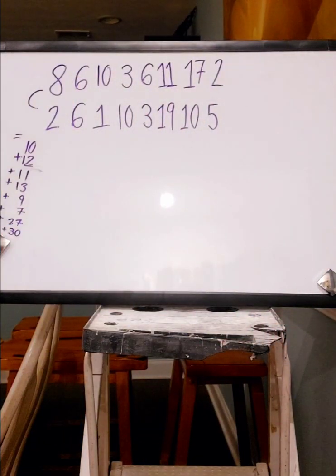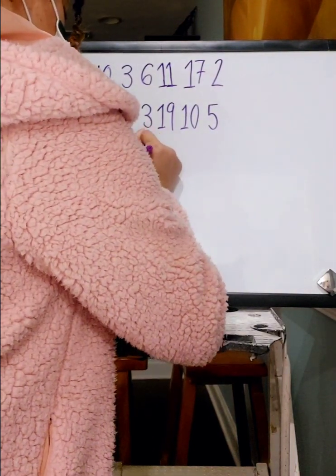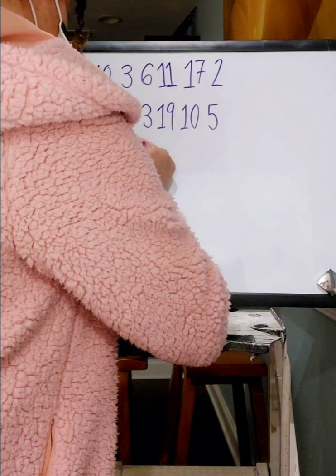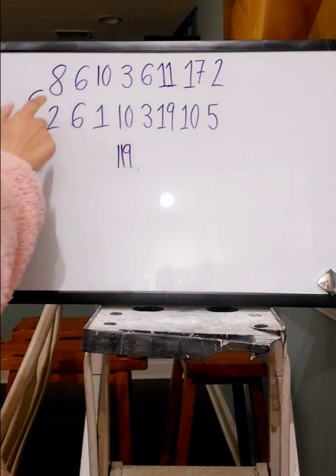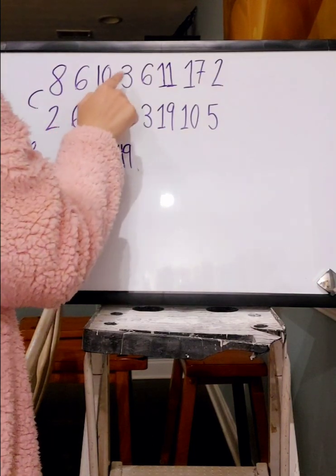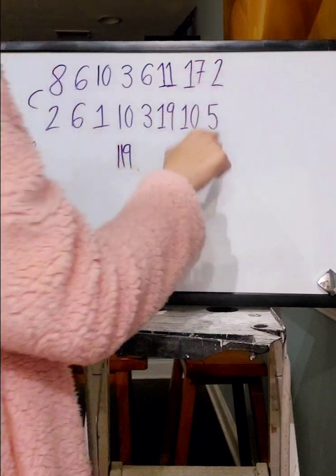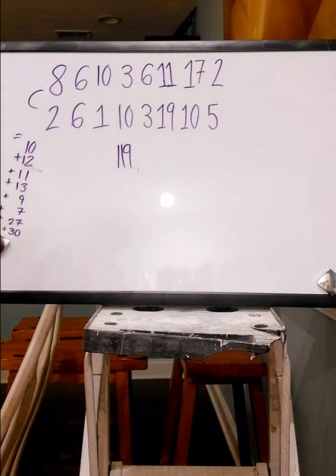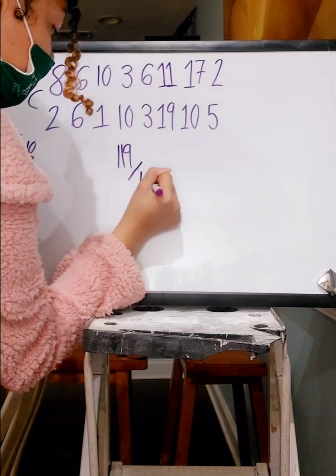And what do we do with that number now? Well, now we must count however many numbers there are in the data set. So let's see. There are 2, 4, 6, 8, 10, 12, 14, 16. So we must now do 119 divided by 16.